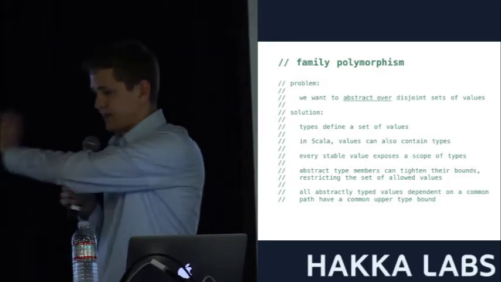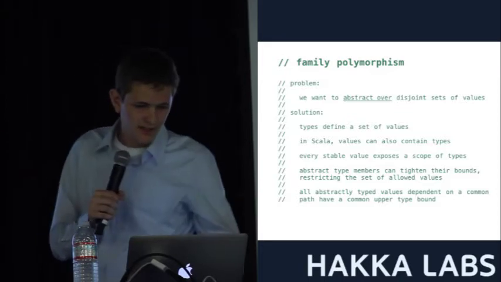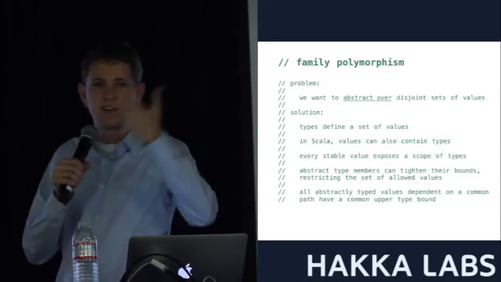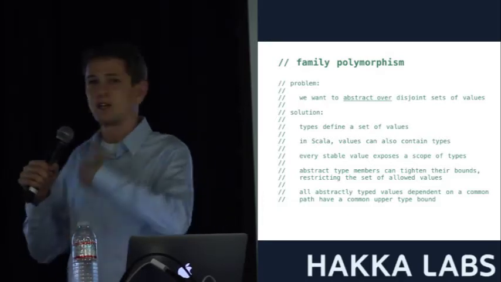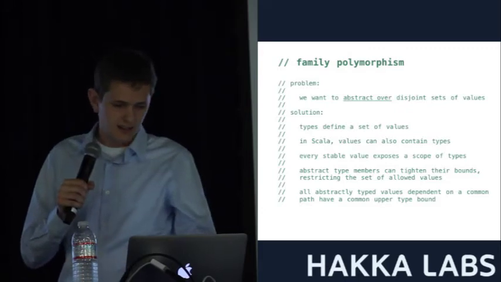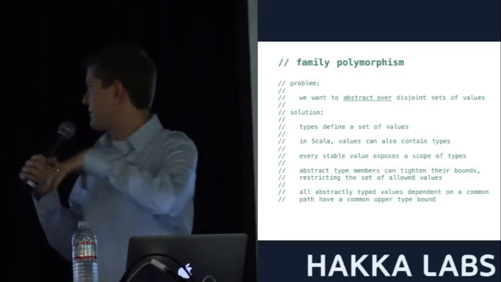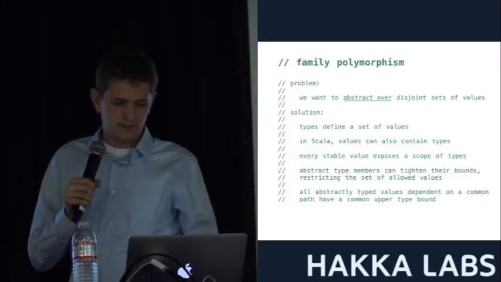We're going to get into the code that implements this really quickly, but the logic that goes into it is that types define a set of values, right? But in Scala, values also can contain other types. And this is really key, because every stable value actually exposes an entire scope of types.